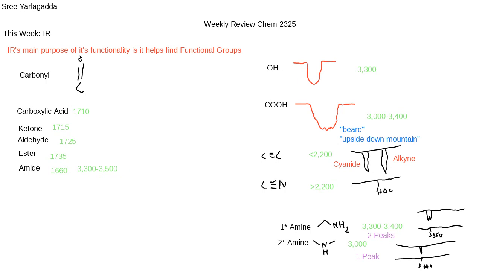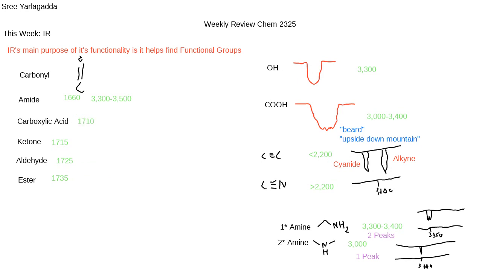So I guess I can actually put it right here. Let me shift everything down. So again, ester is 1735, aldehyde is 1725, and ketone 1715. Carboxylic acid is both at 1710, as well as 3000 to 3400.